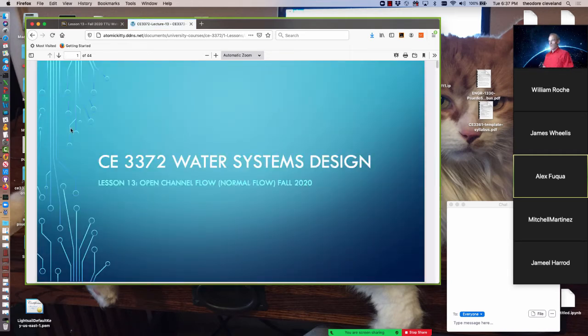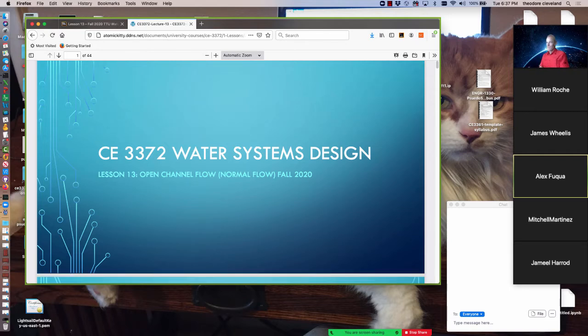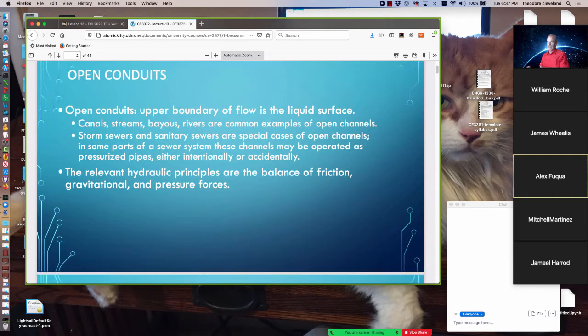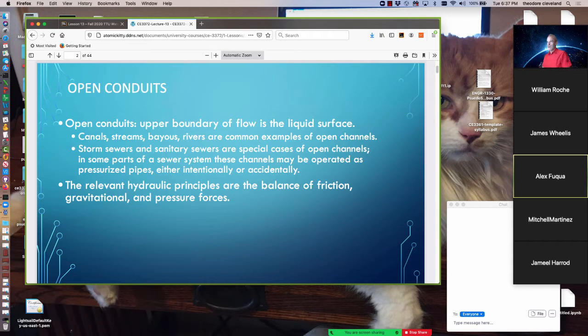So the topic of today's lesson is the generic topic of open channel flow, in particular, steady normal flow. So we'll start off by reminding ourselves what's meant by the terminology open conduits. Open conduits are conduits or pathways that liquids follow, and the upper boundary of flow in the pathway is the liquid surface.